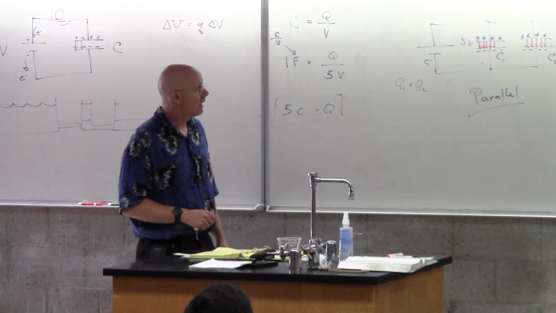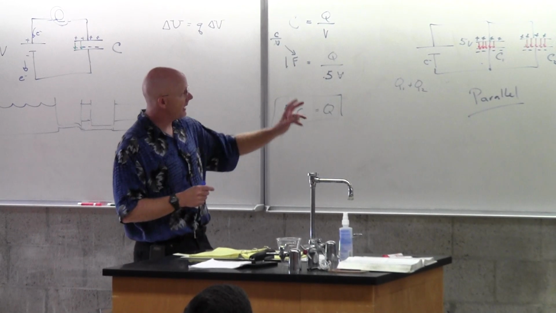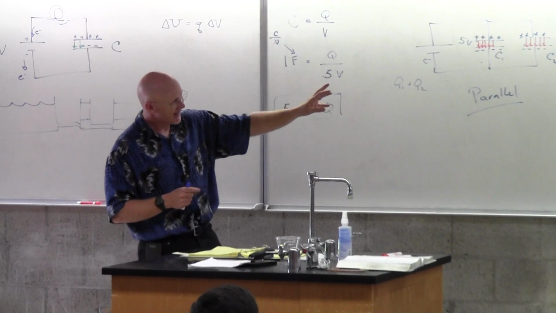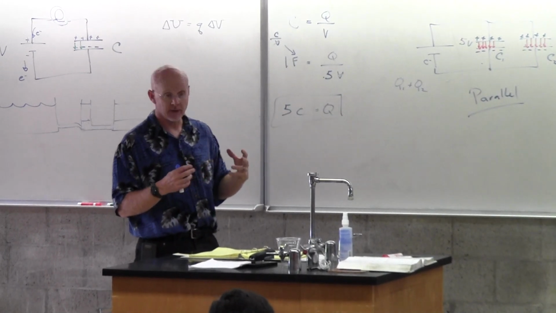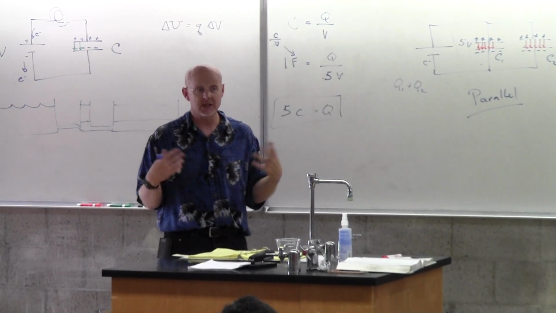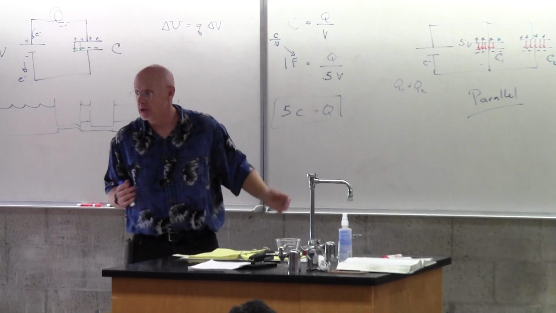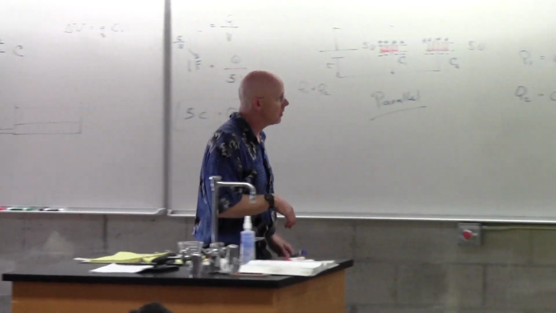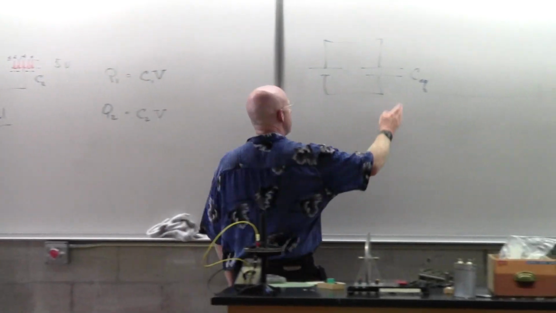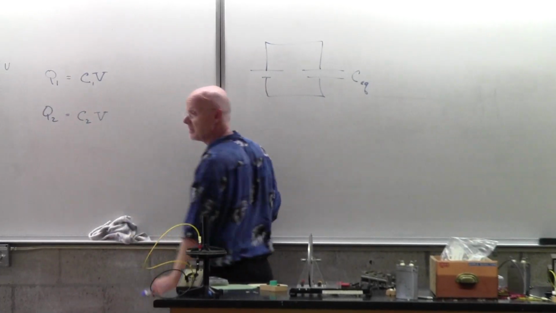Yeah. I claim that even though it's actually this, I can think of it as one capacitor for reasons of maybe making my calculations easier. And so my question is, what would be the equivalent of these two capacitors?